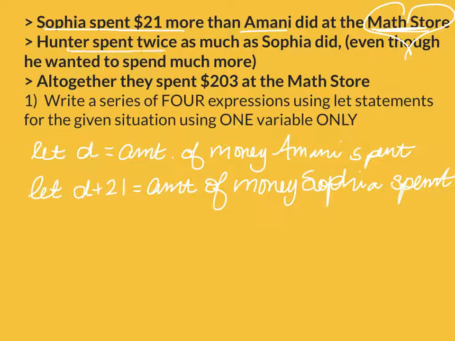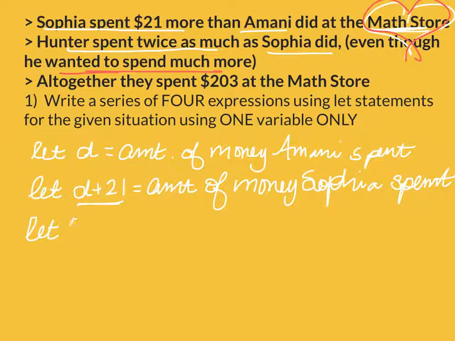Now, Hunter spent twice as much as Sophia. Wow. So we know that Sophia spent D plus 21, and Hunter is going to spend twice as much as that. And of course, as we see here, he wanted to spend so much more than that at the math store, everybody's favorite store. So we know that twice means we're going to multiply by 2, and the thing we're going to be multiplying by 2 is D plus 21, so therefore that needs to be in parentheses.